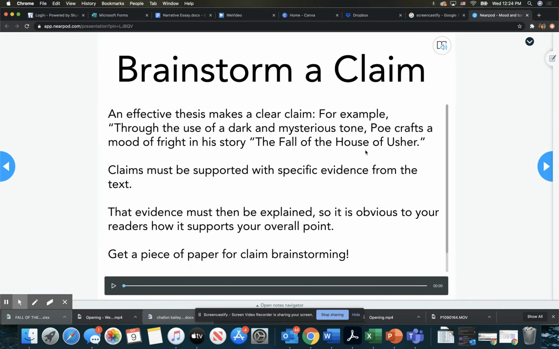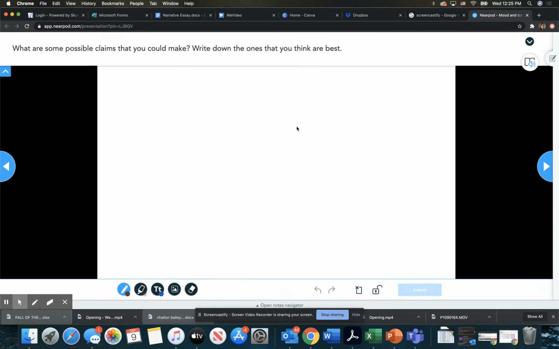You'll notice our next slide asks you to think about some possible claims. And so this is all brainstorming. Keep in mind that you might want to have a piece of paper with you while you're working on this assignment so that you can jot down your ideas in case you can't re-access your Nearpod.